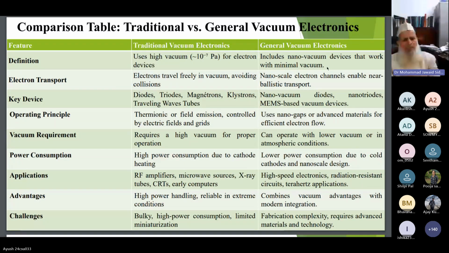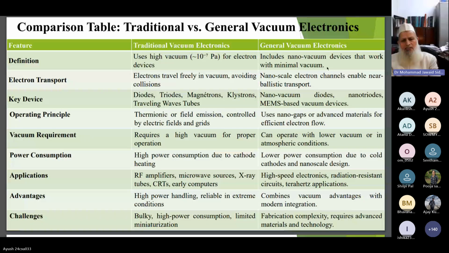Power consumption: in traditional vacuum, high power is needed, and in nano electronics low power is needed. Application: as I told you, these vacuum devices are very popular in RF amplifiers, microwaves, etc.